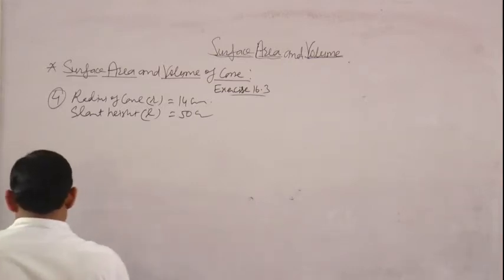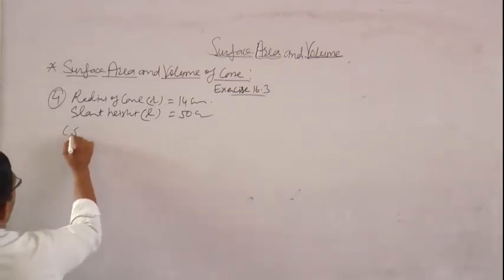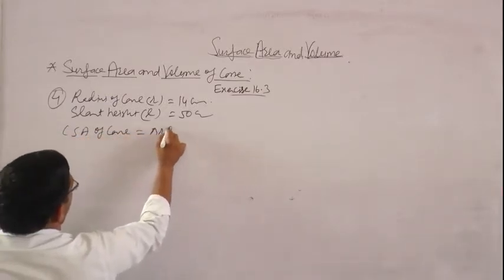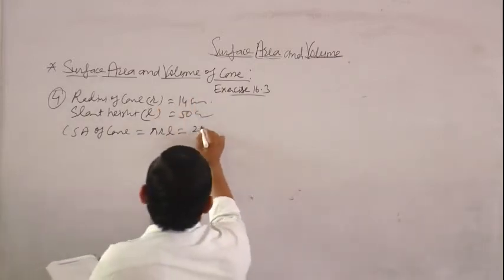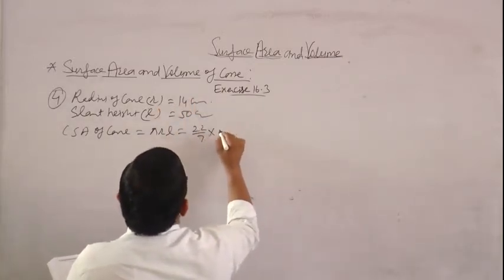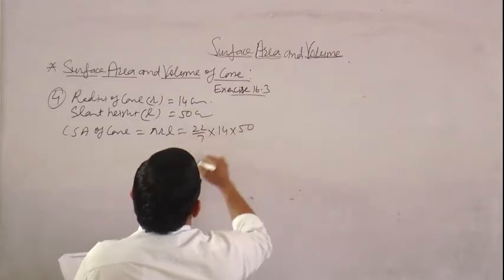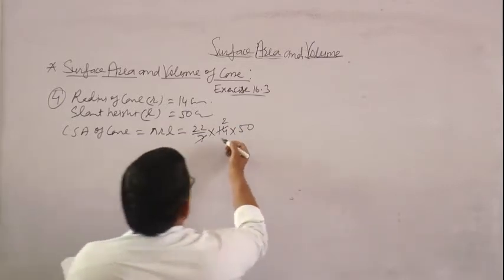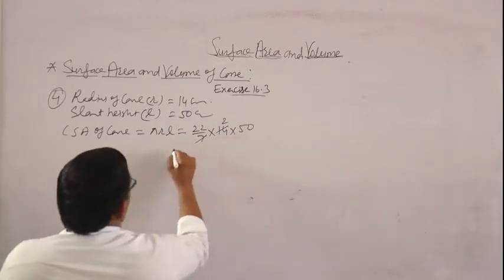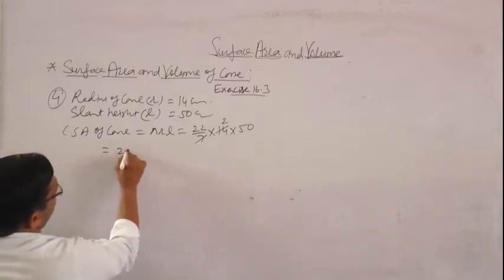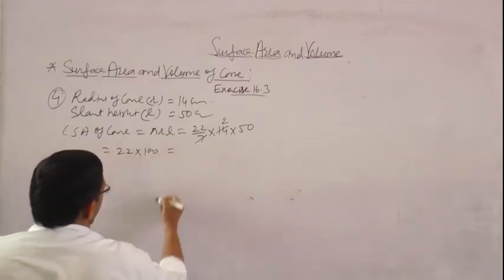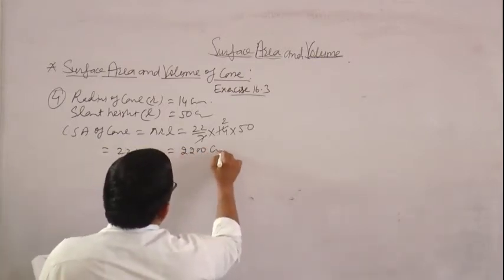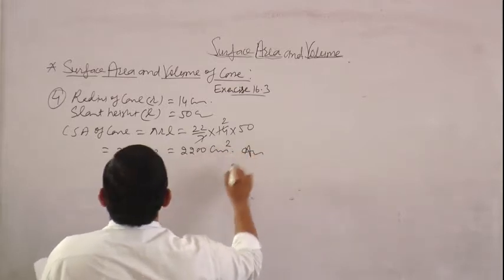Find CSA and TSA. So first CSA, curved surface area of cone, is equal to pi r L, is equal to pi is 22 upon 7, r is 14, multiply 50 centimeter. 7 twos are 14, then 22 multiply 100 is equal to 2200 centimeter square.